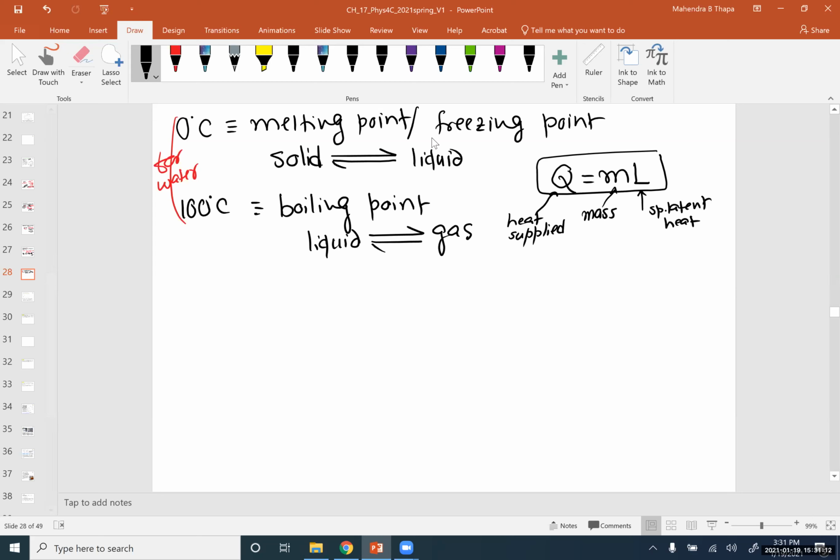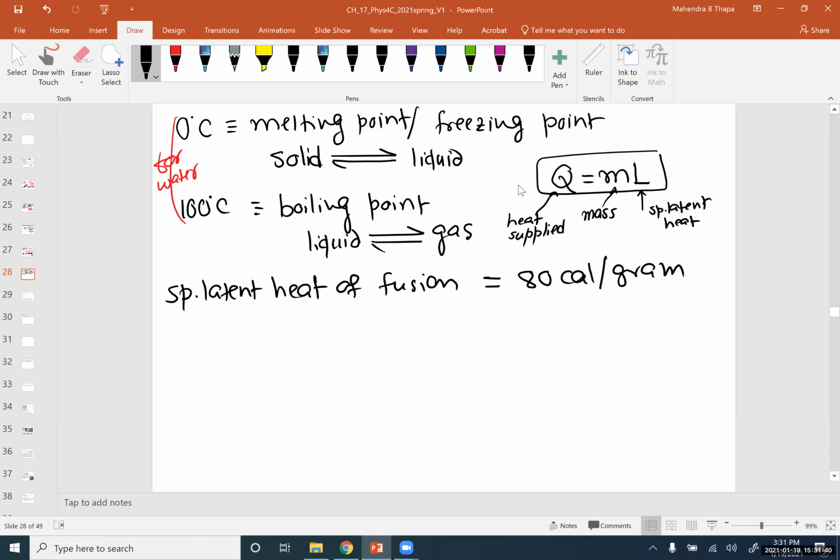For example, we can consider the specific latent heat of fusion. This is equal to 80 calorie per gram. If you convert to kilograms in the SI system, it will be about 3.35 times 10 to the 5 joule per kilogram.